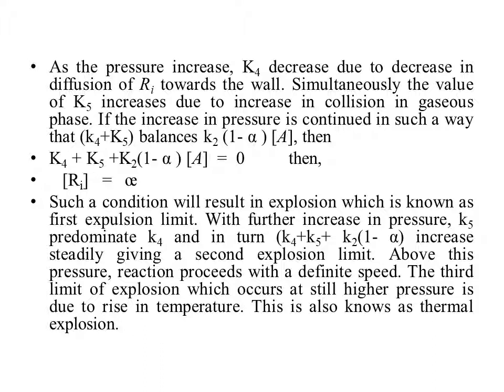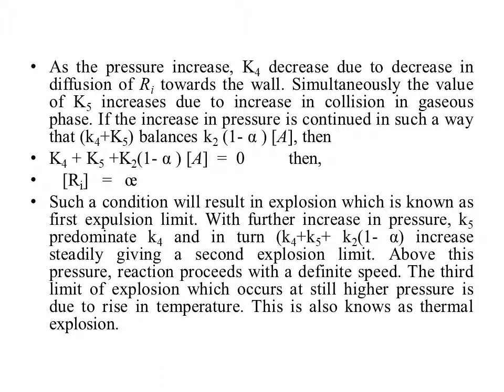Such a condition will result in explosion, which is known as first explosion limit. With further increase in pressure, K5 predominates K4, and in turn K4 plus K5 plus K2 into 1 minus alpha into concentration of A increases steadily, giving a second explosion limit.